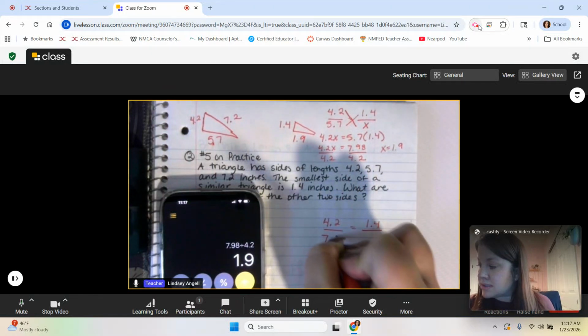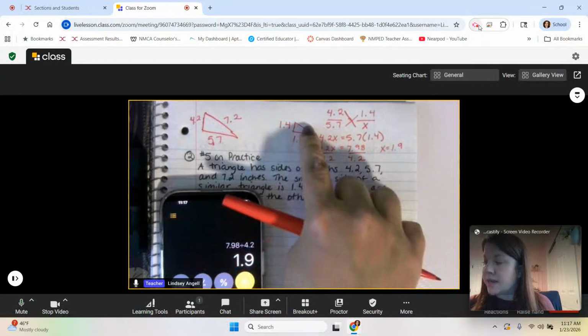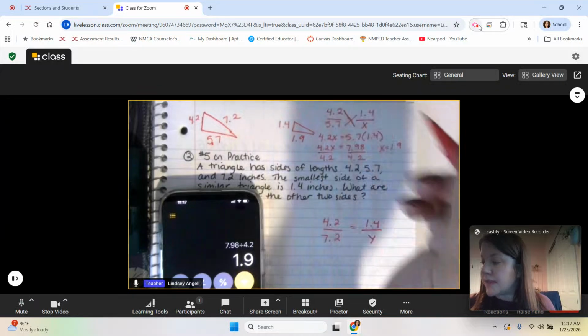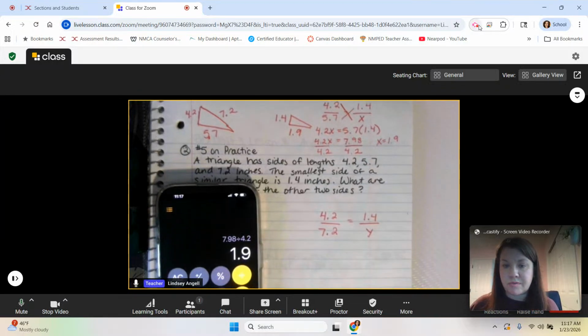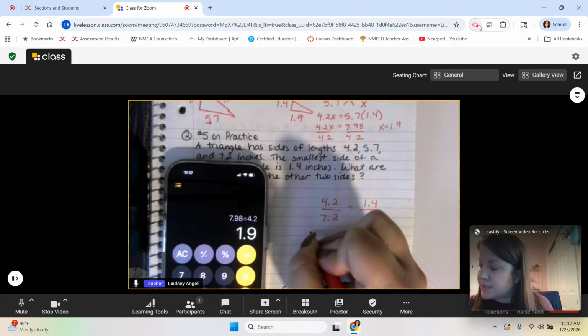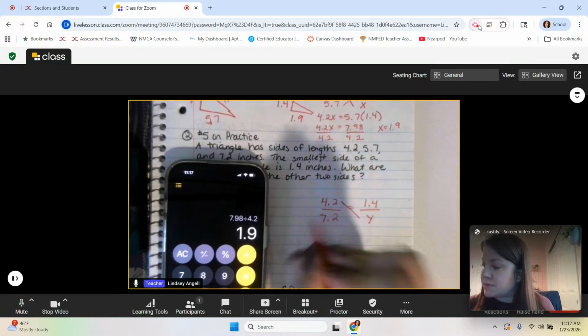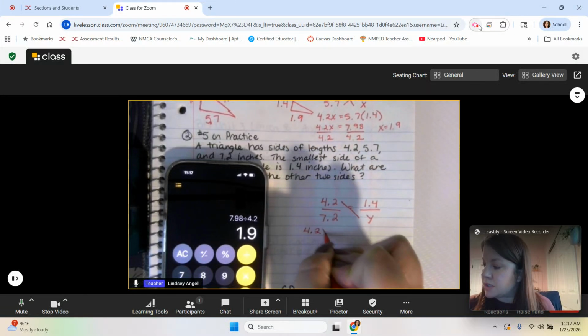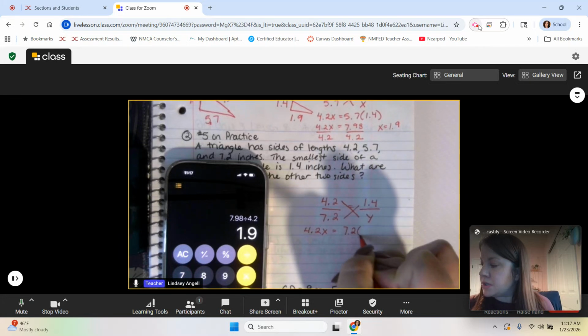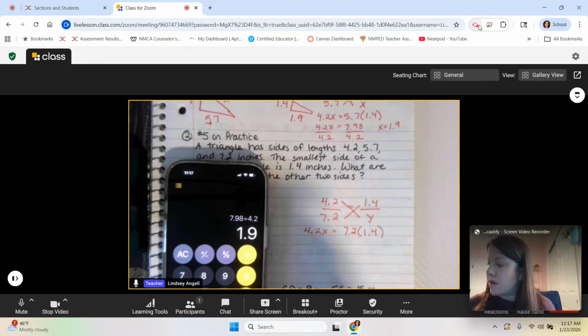So 7.2. And then I need the longest side, which in this case I'll say is y, just so I'm using a different variable. Okay? And then I can go ahead and solve. So this time, once again, cross multiplication, I've got 4.2x equals, and then I have 7.2 times 1.4.